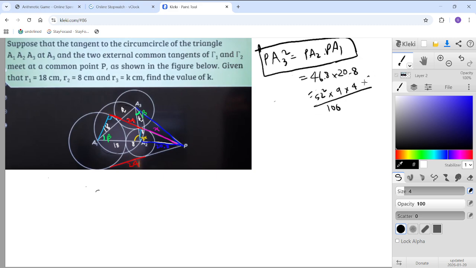So 52 square times 9 times 4, so PA3 is going to be 52 times 3 times 2 by 10, 6 times 52 is 312, by 10 is 31.2. So PA3 is 31.2, so again you've got these values.